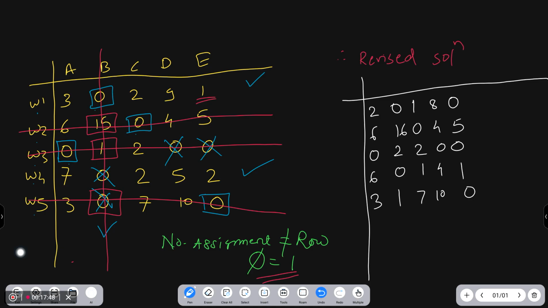This will be the revised solution. Right? Any correction, tell me. If not, then we can go ahead.